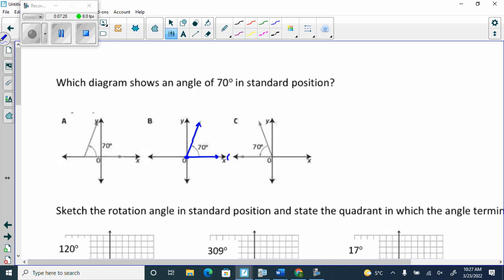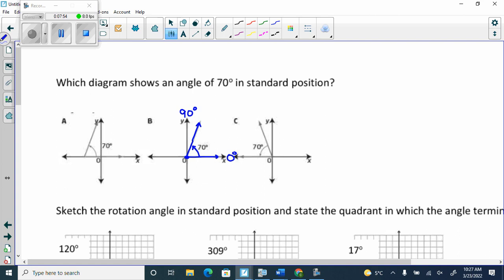Because this is 0 degrees, this is 90 degrees, and 70 is a little bit less than 90. Correct? And I also have to have an arrow pointing to my final arm. So I always have an arrow from my initial to my final. If it goes from initial to final in a counterclockwise fashion, it is a positive angle. We agree? So the arrow has to be drawn correctly. Do you see there's an arrow? It has to be drawn.